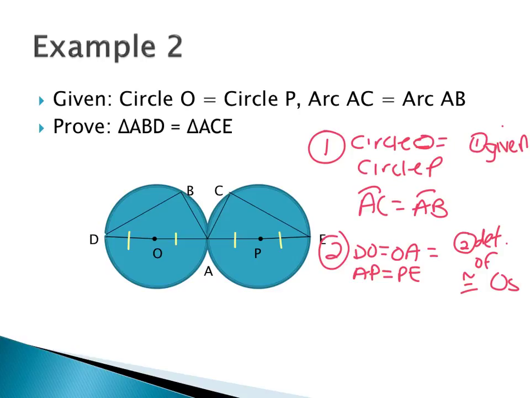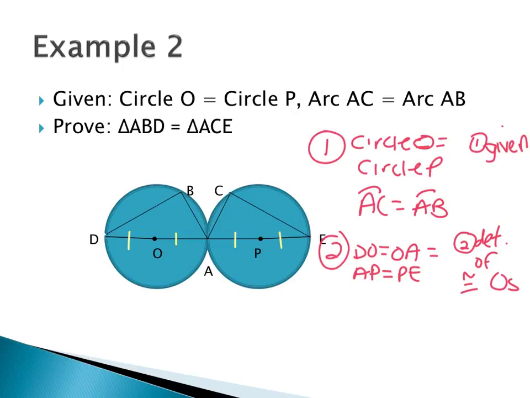Now what? What about the point? It's a point of tangency, but it doesn't get you any part of the measurement. It is the point that's shared though. Then the angle BDA is congruent to CEA.